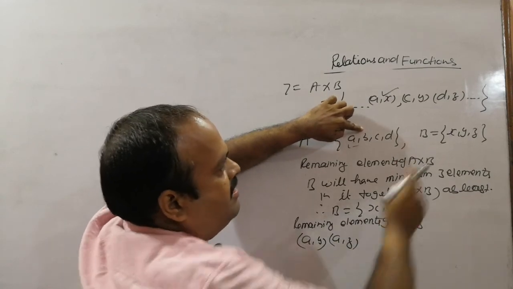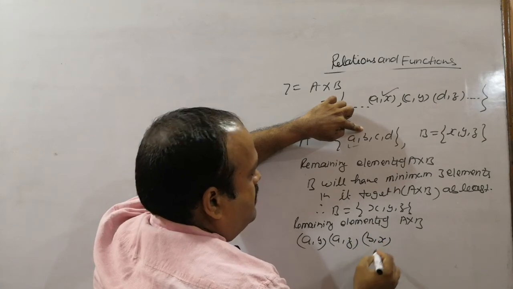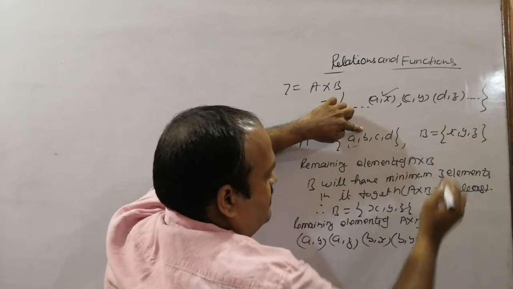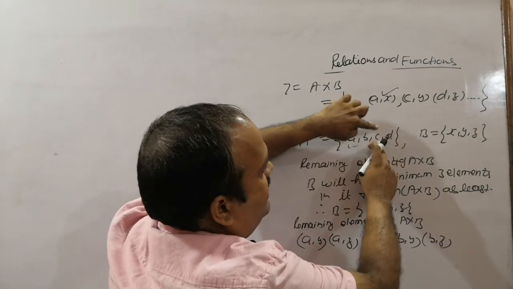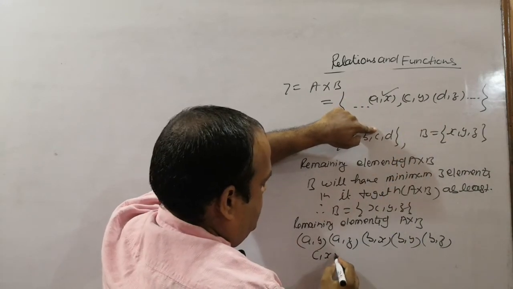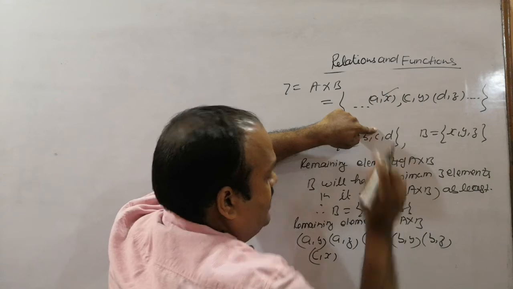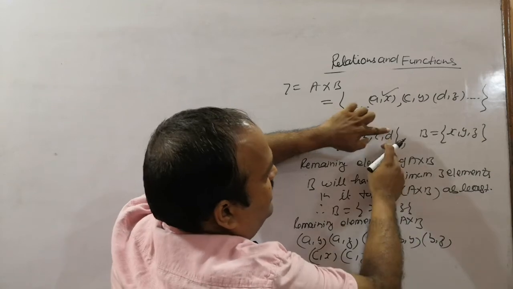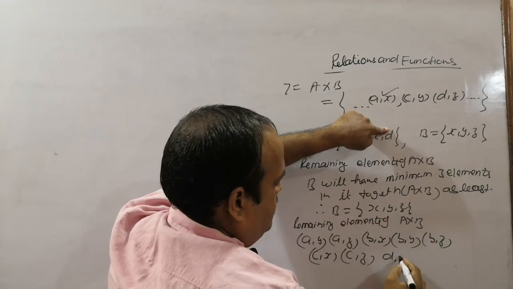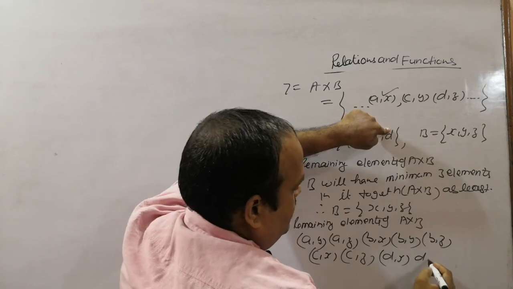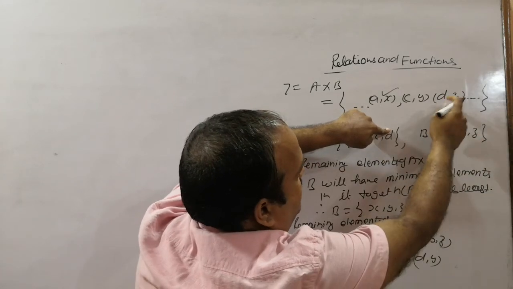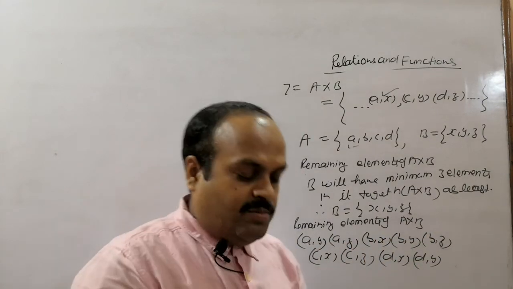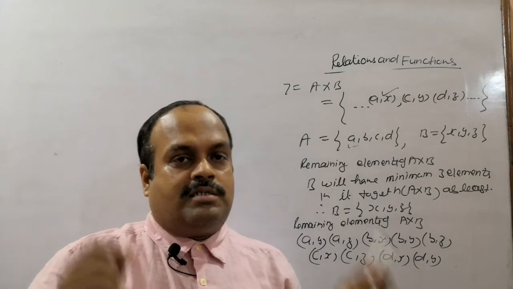Then b comma x, b comma y, b comma z, c comma x, c comma y already written, c comma z, d comma x, d comma y, d comma z already written, we will not write. So 1, 2, 3, 4, 5, 6, 7, 8, 9. These are the remaining 9 elements of A cross B.